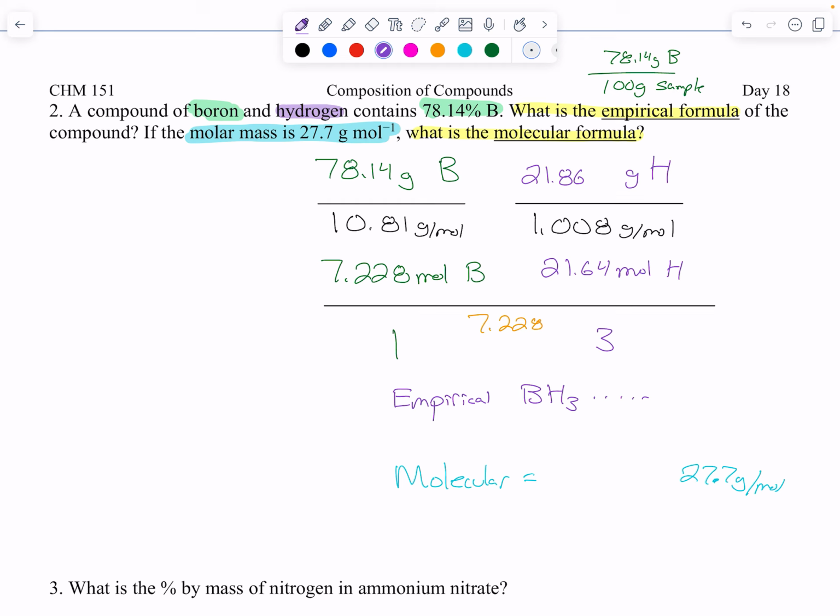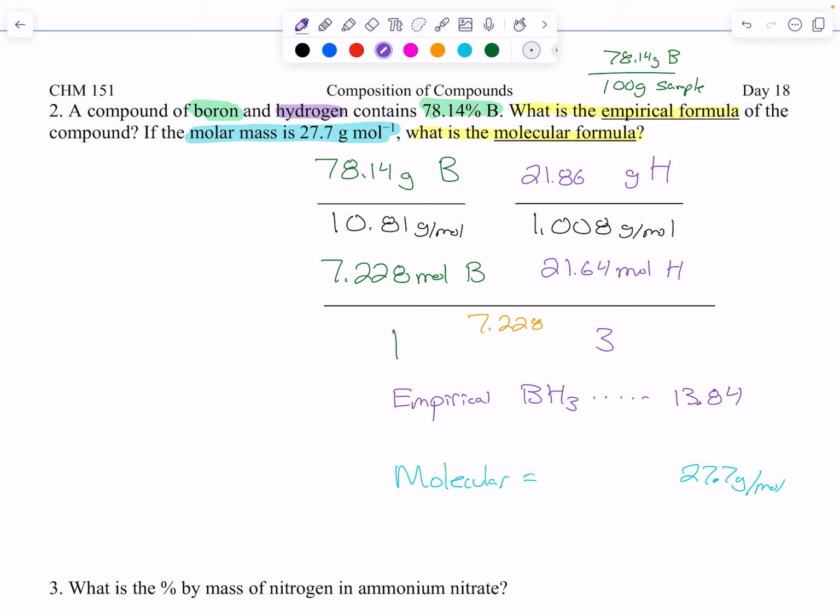All right, well, I have 3 hydrogens and 1 boron. So that's 10.81 plus 3 times 1.01. Right, so I got 13.84, I believe.